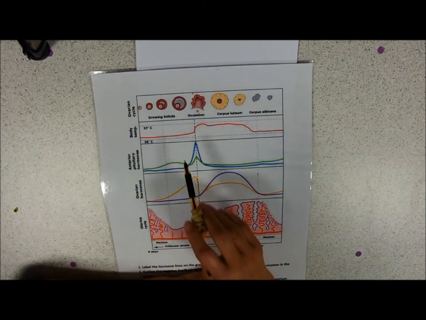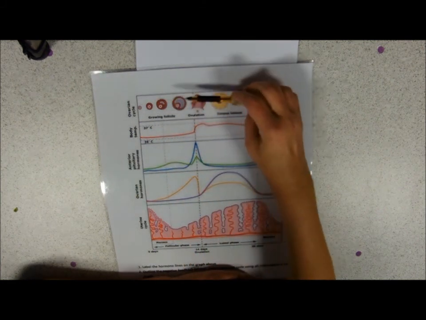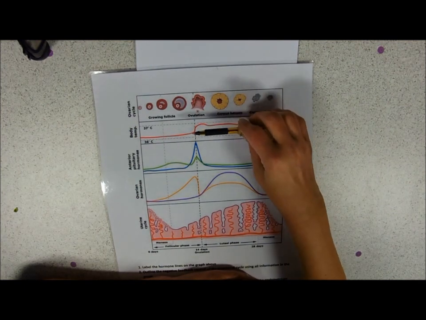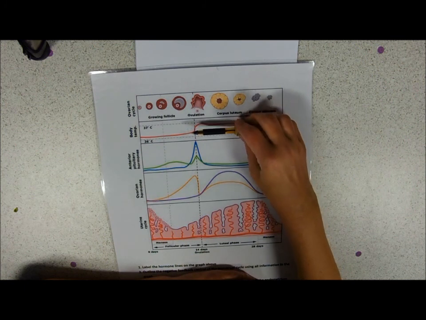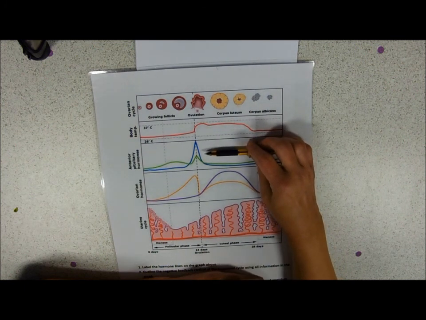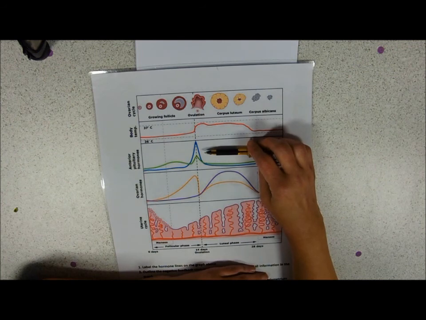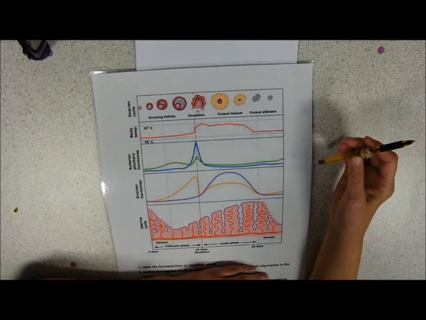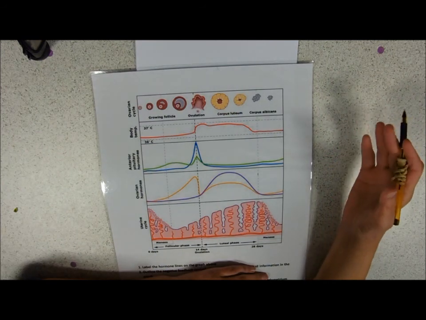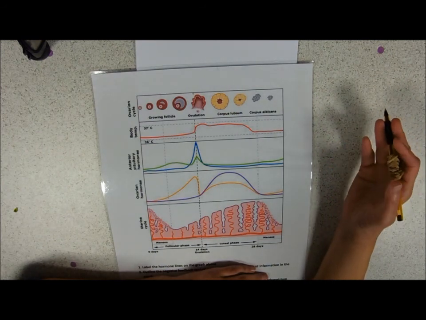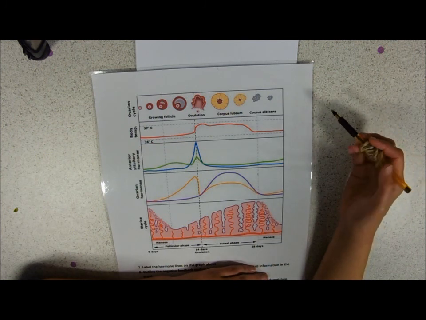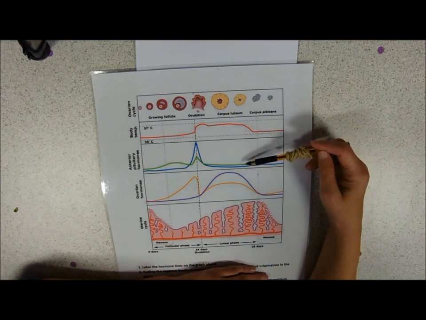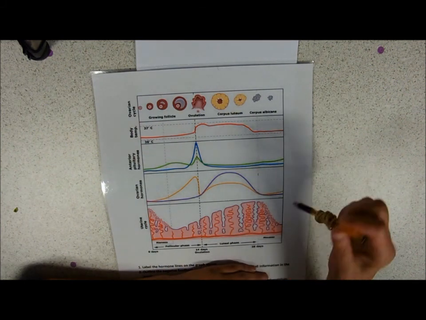So we've got the events, and our events from the top to the bottom are what's happening in the ovary, what's happening to body temperature, and the levels of hormone in circulation that are being released from the anterior pituitary, remembering that they have to go all the way through the circulation. So they're going back in through the vena cava, through all the chambers of the heart, back out through the aorta, and down to the ovary, where they're having their effect.